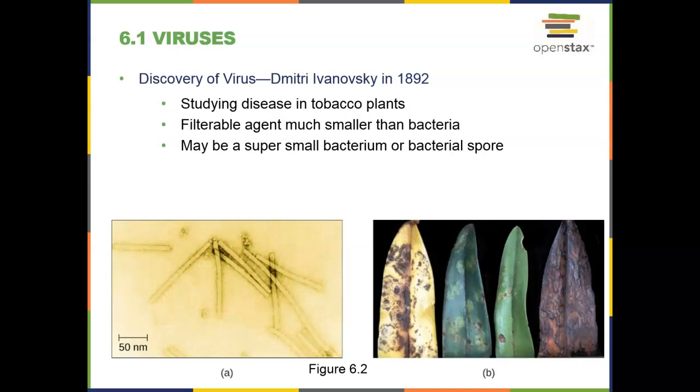He noted that the agent that was causing the disease was filterable, which means it could go through a filter. It was super tiny. Normally bacteria would be caught on the filter. So he thought maybe it was a really small bacterial cell, or maybe it was bacterial spores that were causing this disease. He wasn't sure.